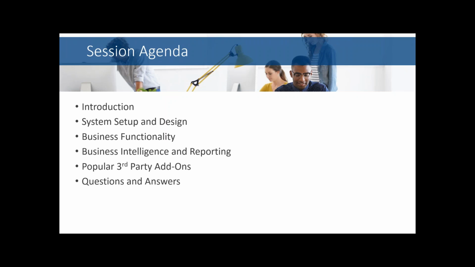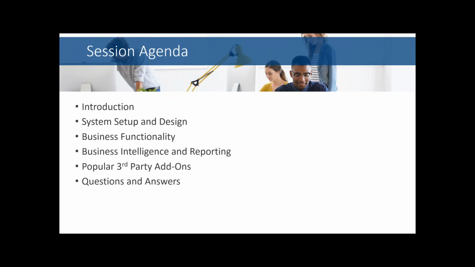So we're going to start this session off as we are right now in our introduction. I've broken the tips and tricks into 4 categories: system setup and design, business functionality, business intelligence and reporting, and then some popular third-party add-ons.